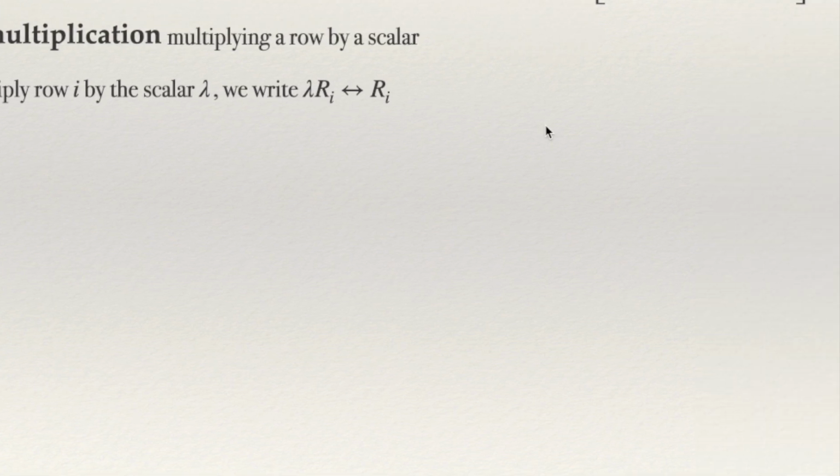So for example, if we have a matrix A like this, all similar to the previous one, but we are going to be focusing on row i. And if we write beside this matrix this operation, it means that row i, so this row, will be multiplied by lambda. So we're going to change this row, the rest of the matrix will stay the same.